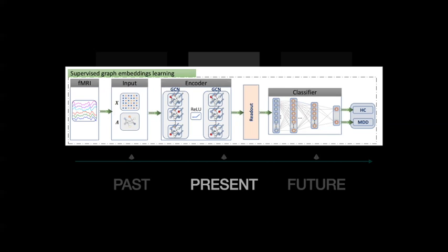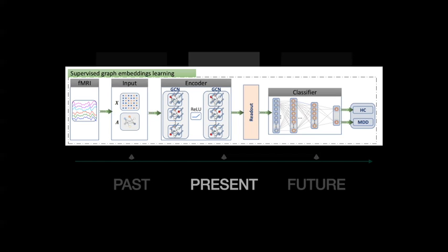So just like we can see from the screen, we first have the fMRI data, and then we pre-process it into the data matrix and the graph representation, and then we feed them into the GCN layers, like the neural network and the convolutional layers. And then we have the output.